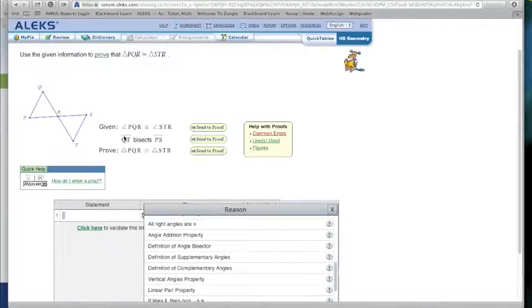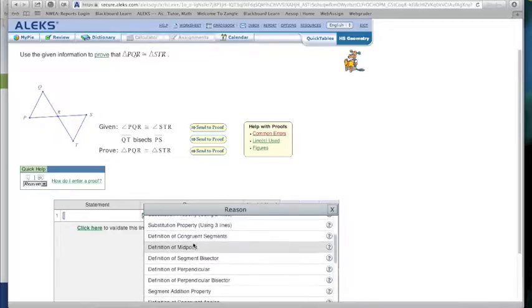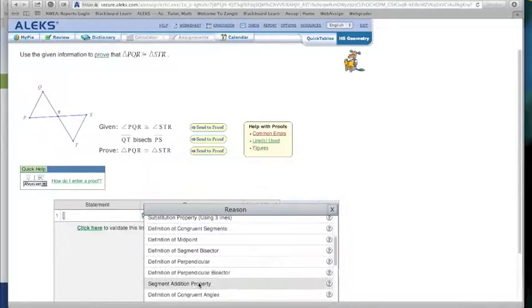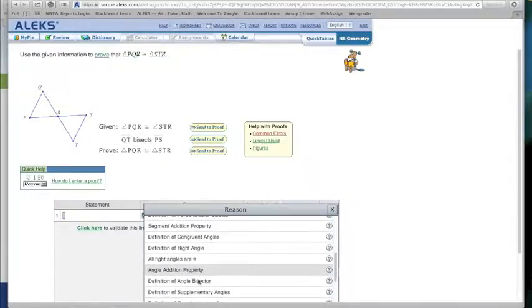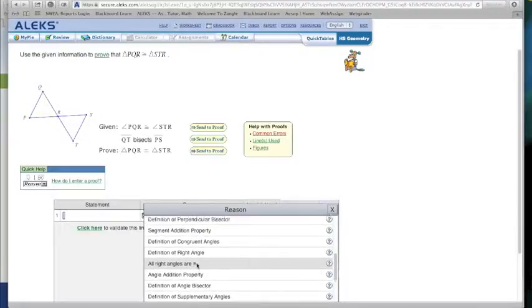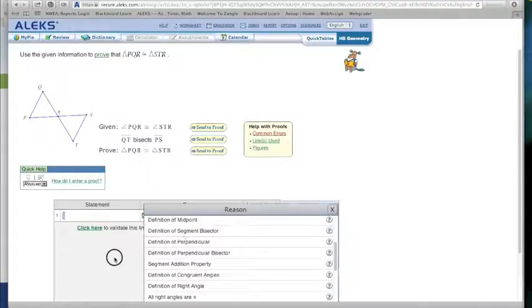Since this deals with segments, we'll end up using the segment bisector statement, which is right here, definition of segment bisector.